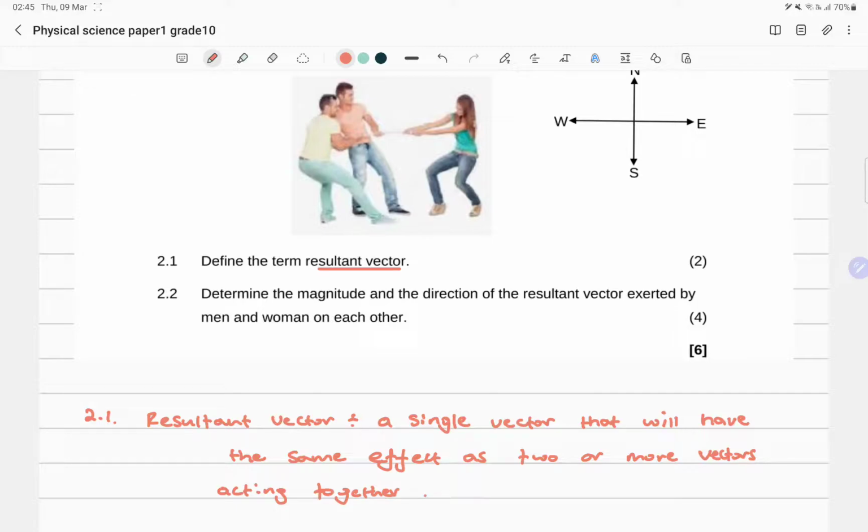So basically, a resultant vector is a single vector that will have the same effect as two or more vectors acting together. Those are the most important areas to make sure you score your 2 marks there.